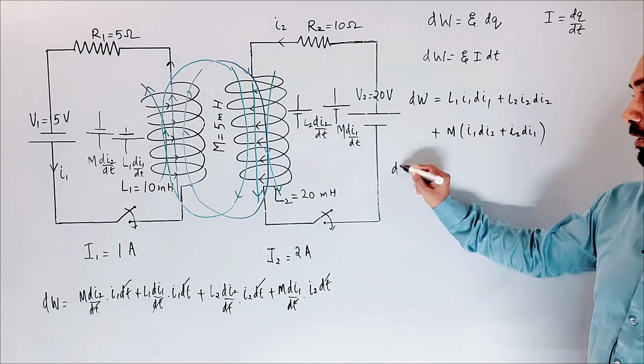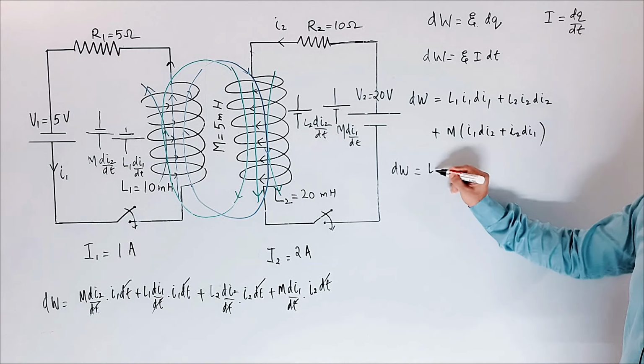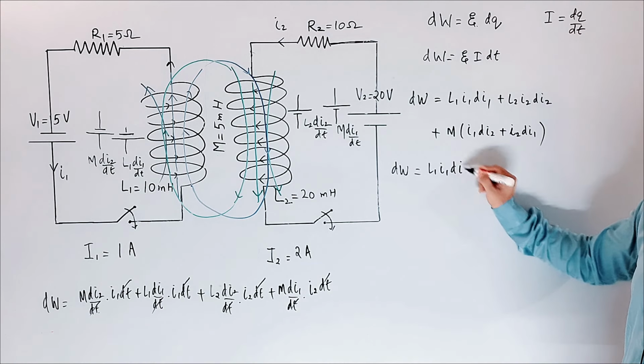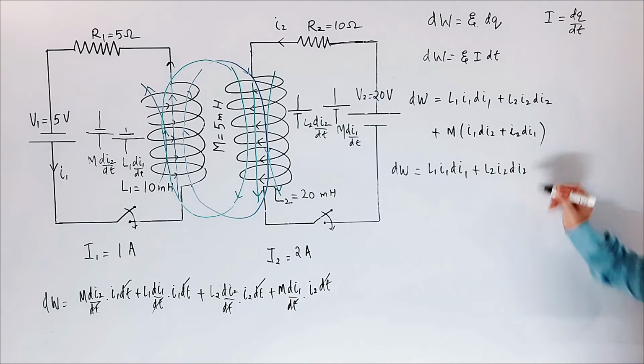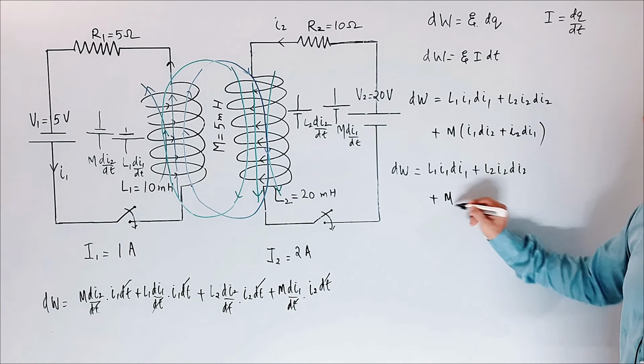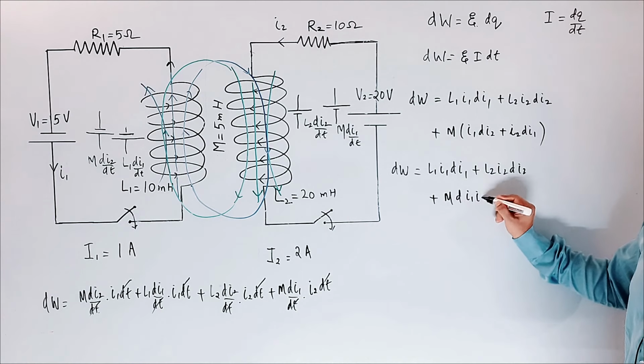So overall dW is L1 I1 di1 plus L2 I2 di2 plus M d of I1 I2.